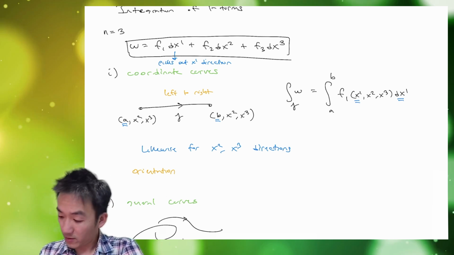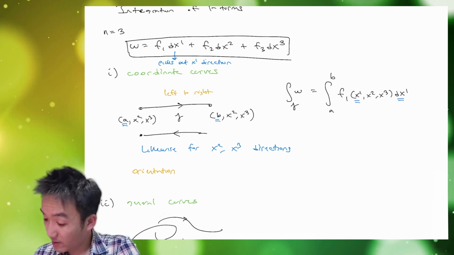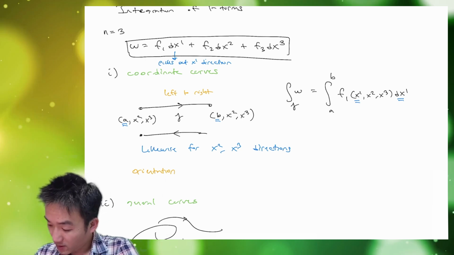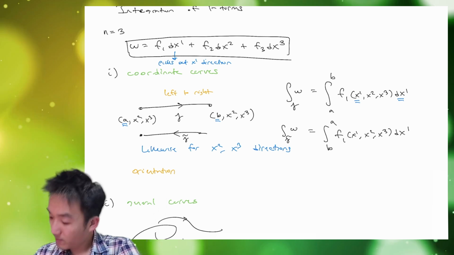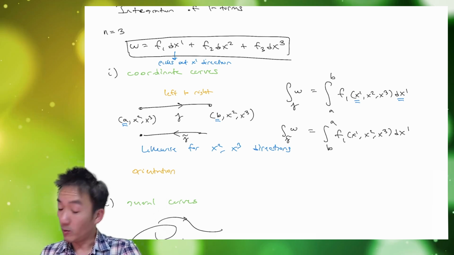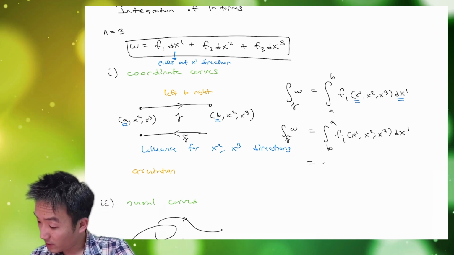So if I had parameterized gamma as going from right to left, let's call this gamma twiddle, then the integral of omega over gamma twiddle would go from b to a. It's the same integrand. But remember the calculus rule that I can switch the two limits of an integral and I will get a minus sign. And so indeed, that's what I get here.